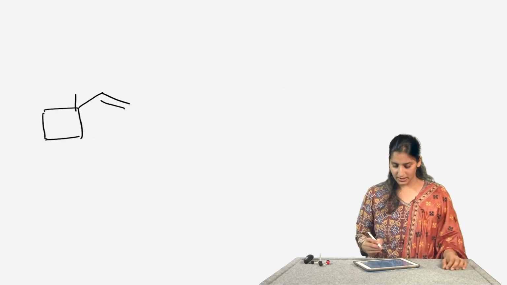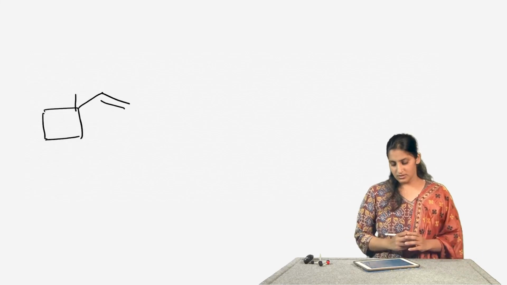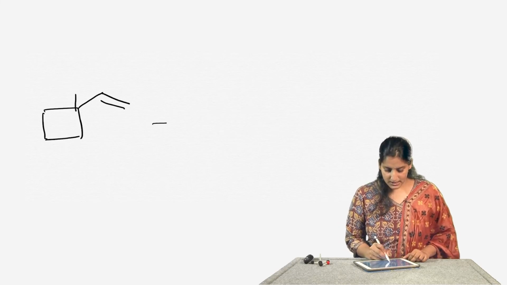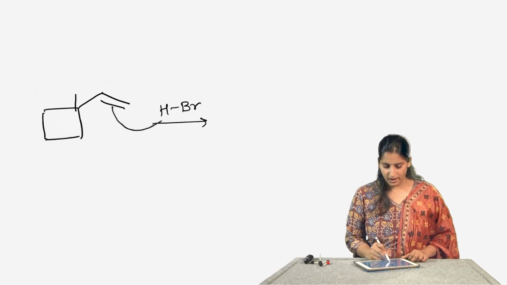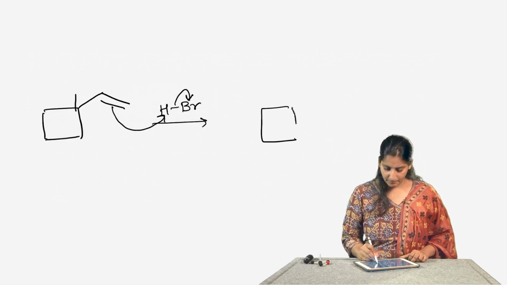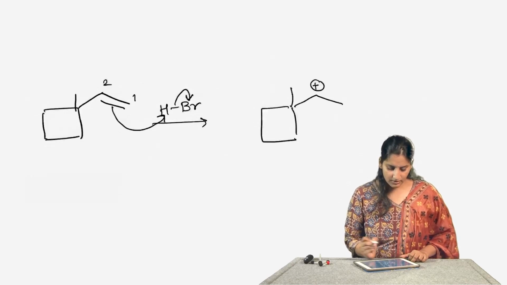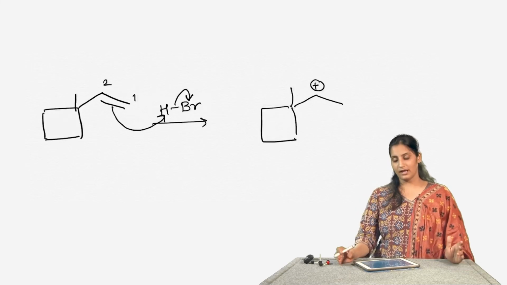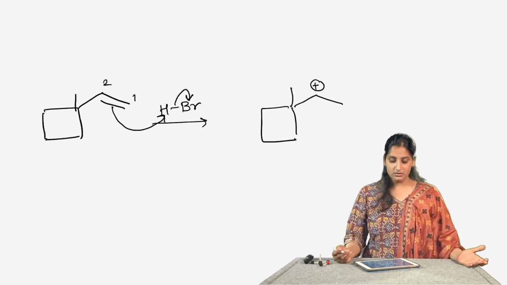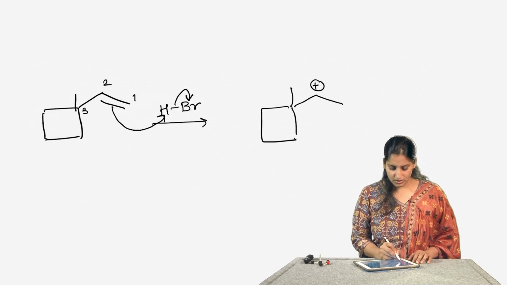Okay, that is my starting alkene, and as you can see, it has a cyclobutyl substituent on it. Now, as this particular reaction works towards addition of HBr, the first step is the formation of the carbocation. So, everyone is clear that the reason we are not forming a carbocation at 1, but we are forming a carbocation at position number 2, is because it is the more substituted position.